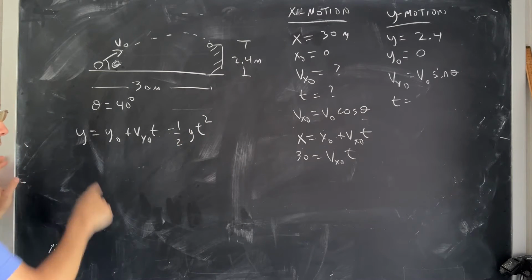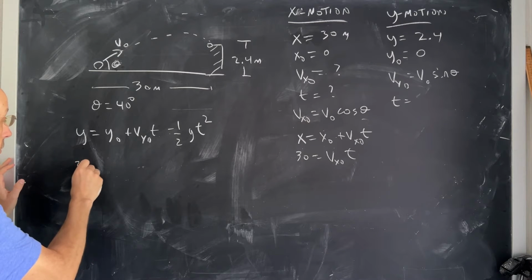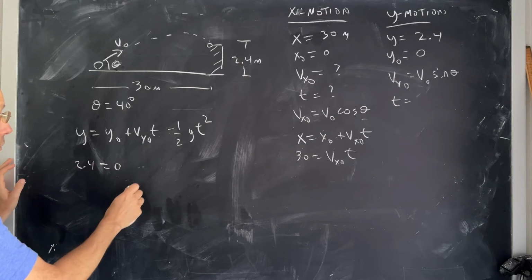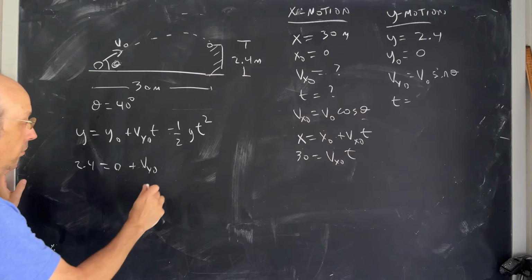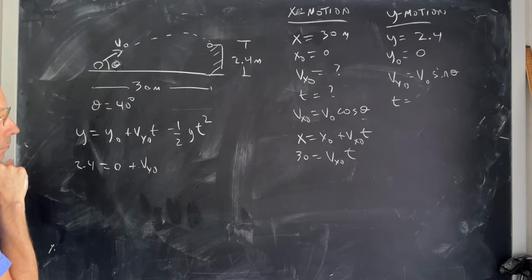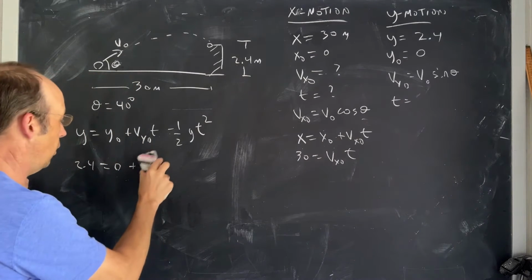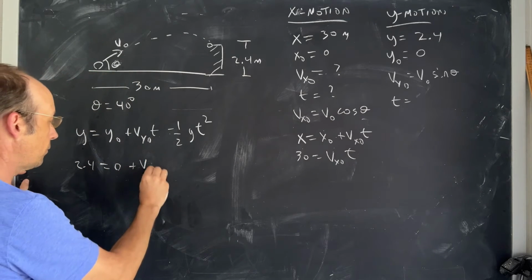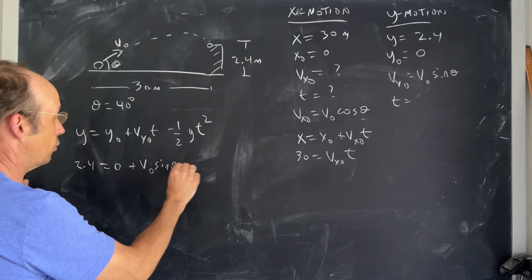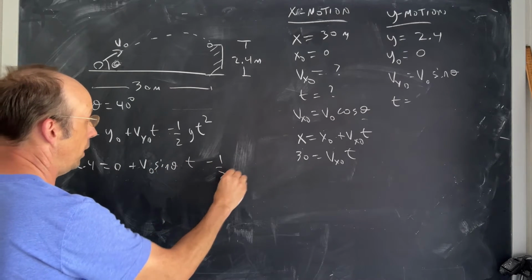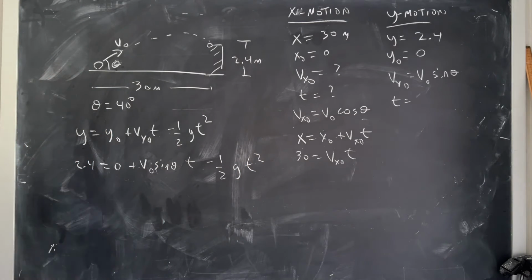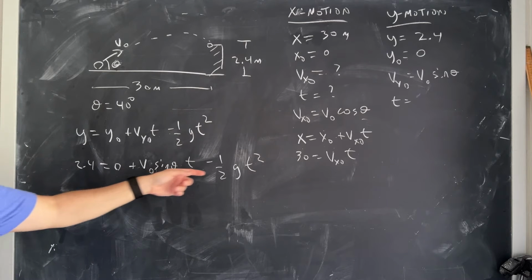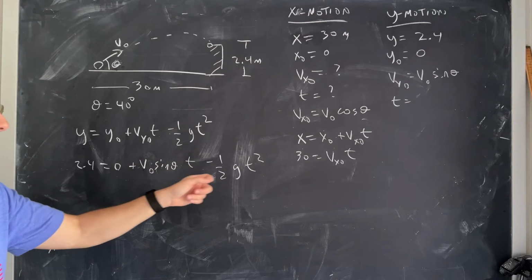Putting in what I know: y final is 2.4, y initial is 0, and vy0 is V0 sine theta, that's my initial y velocity, times t, minus 1/2 g t squared. And sine theta is just a number, sine of 40. So right here, I don't know V0 and I don't know t.